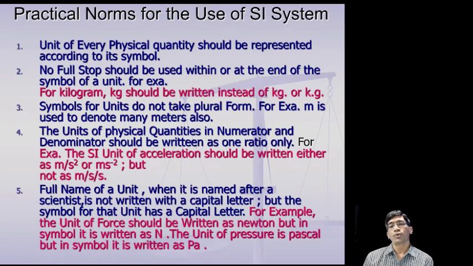Fourth point, the unit of a physical quantity in numerator and denominator should be written as 1:1 only. For example, the SI unit of acceleration is written as meter per second square, or you can write it as m s raised to minus 2, but you cannot write it as m by s by s.